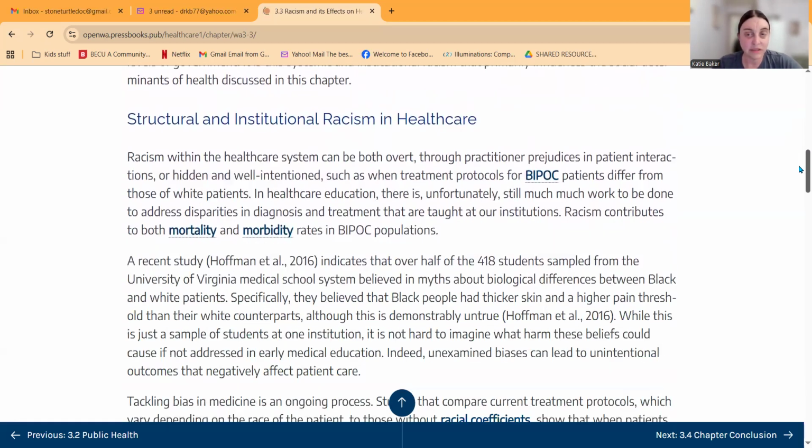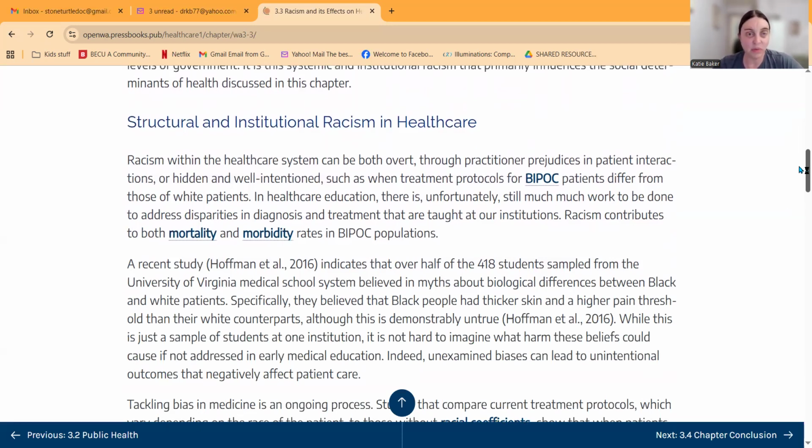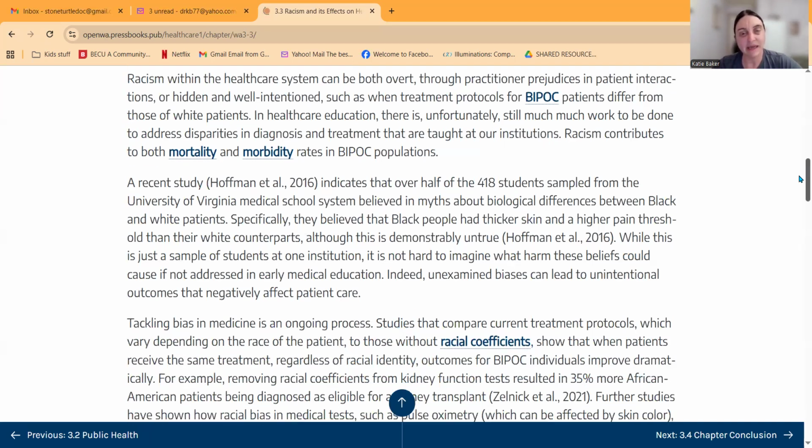We're also going to talk about the variations that we see in mortality and morbidity rates between white patient populations and Black, Indigenous, and people of color populations. The thing that I want to really stress at this point is the amount of references and resources that we have to support this section, which are all in the back of the text.